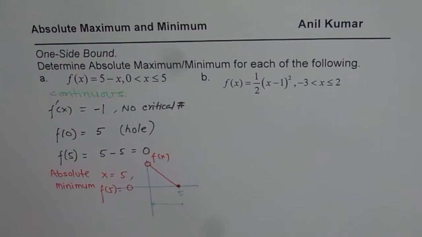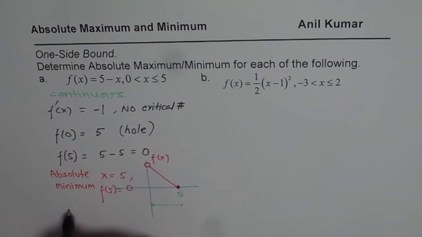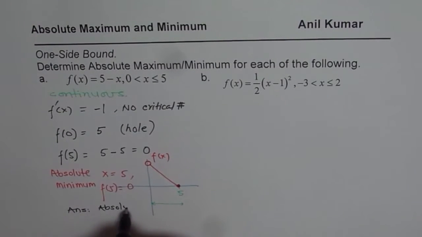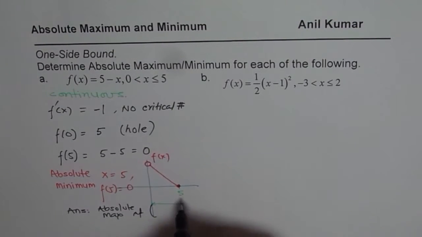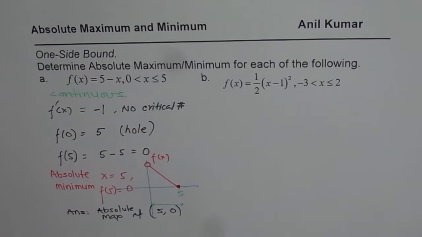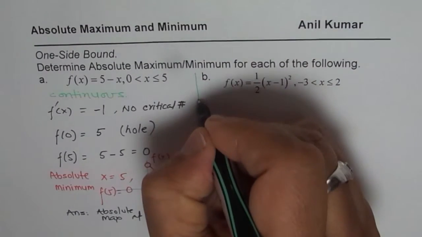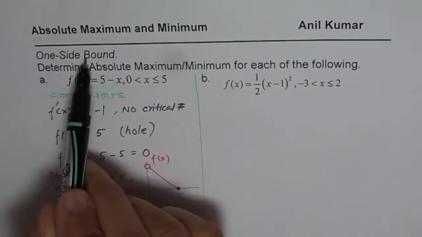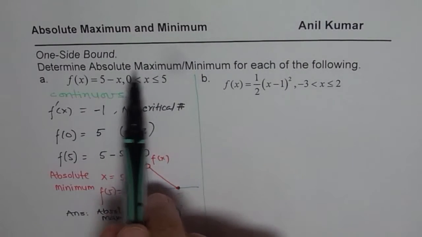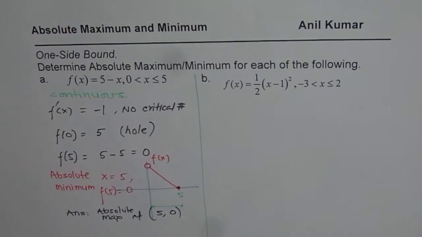So we can say absolute minimum at x equals 5 and the value is 0. So that is how such questions can be answered. Now that's a point to be noted, that if we have a one side bound function, in that case we may not have one of the absolute values, right?